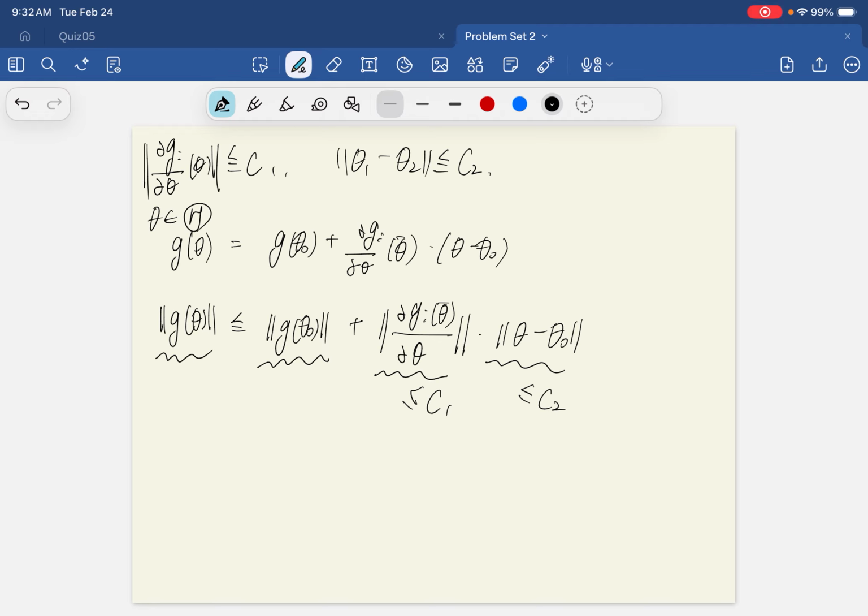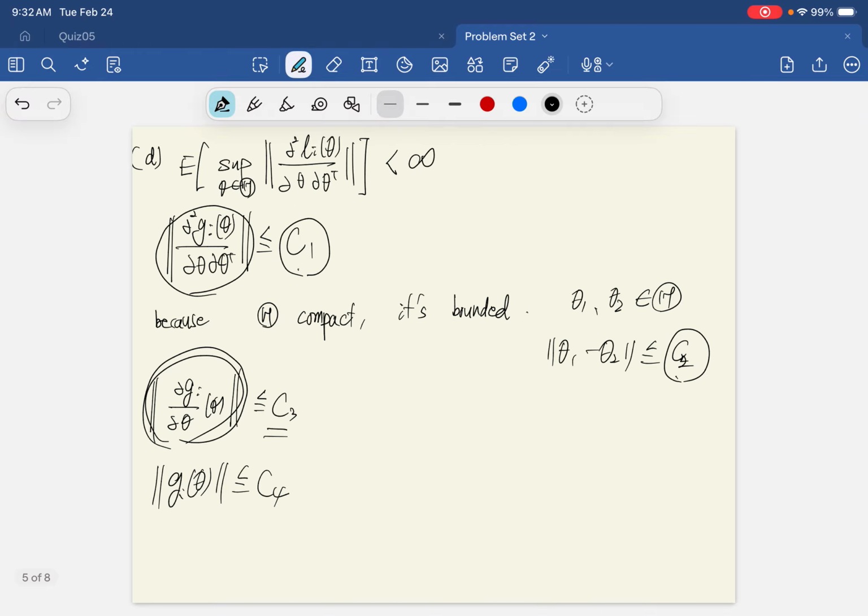So this is bounded by another constant. This is just intuition; I just wanted to explain it more clearly. Therefore, boundedness of the second derivative and the compactness of the parameter space imply the first derivative and the original function are also bounded.